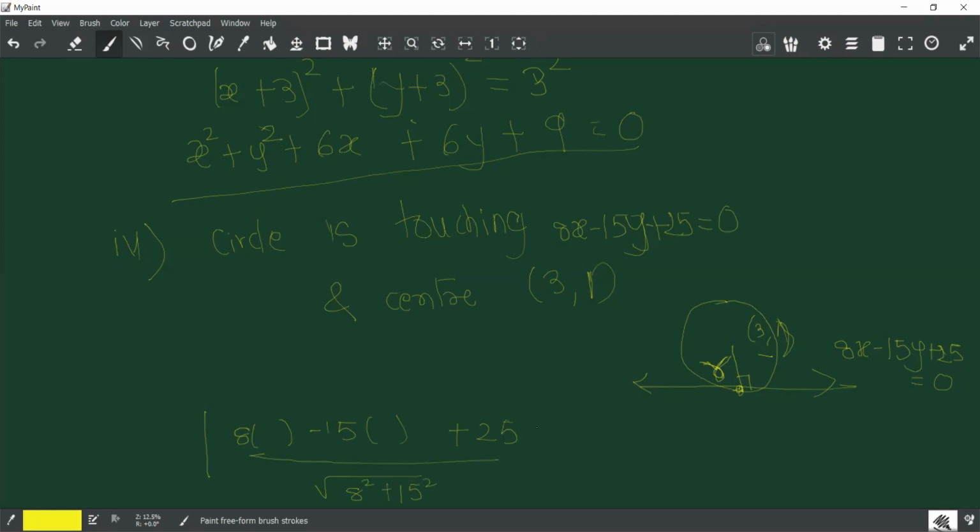Correct? This is 3 x1 y1. 3 1 है ना? 15 है. Yes. Everybody got it? So it is 34 upon 17. So this is 2 units.